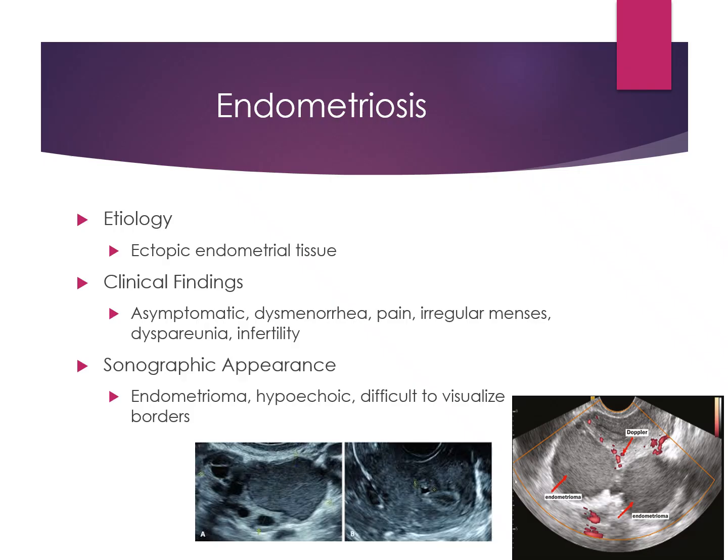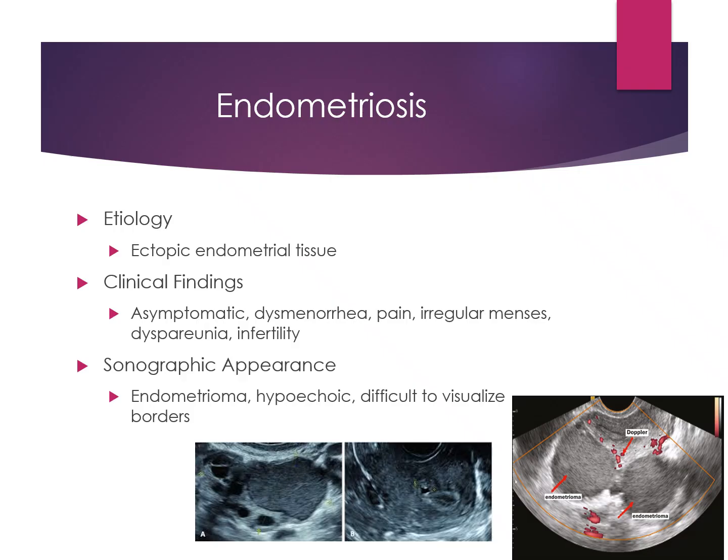These are usually asymptomatic until they start having infertility issues, but they can also have some painful periods, irregular periods, and then, of course, infertility and dyspareunia. So sonographically, these are going to be hypoechoic with not really clear margins to them.